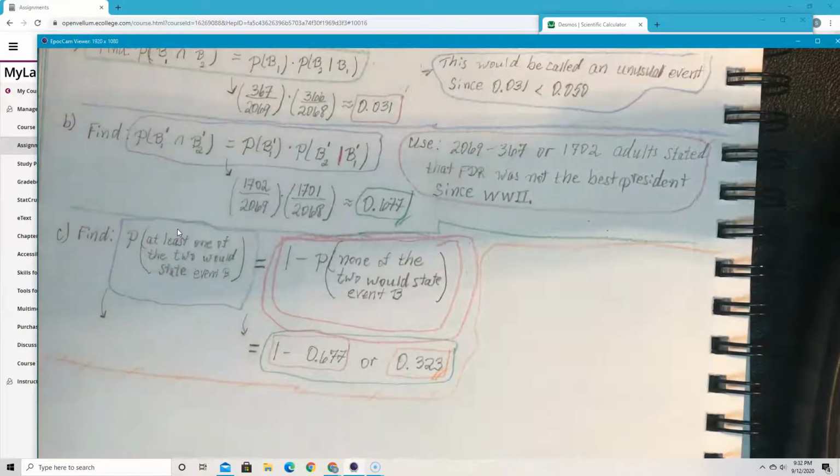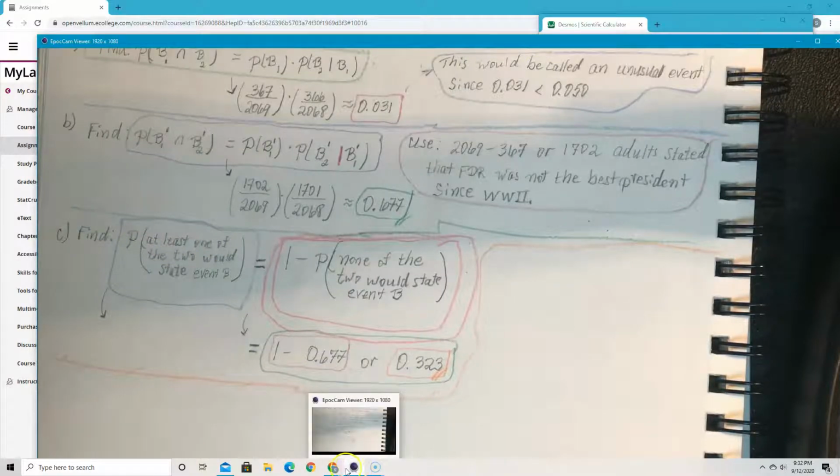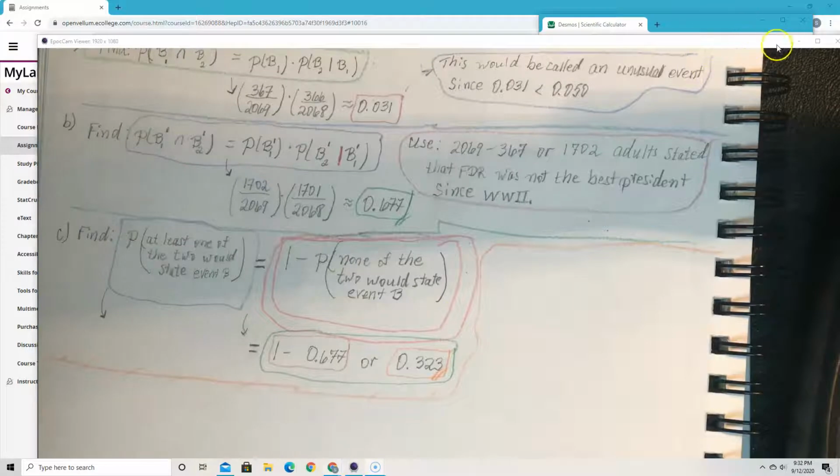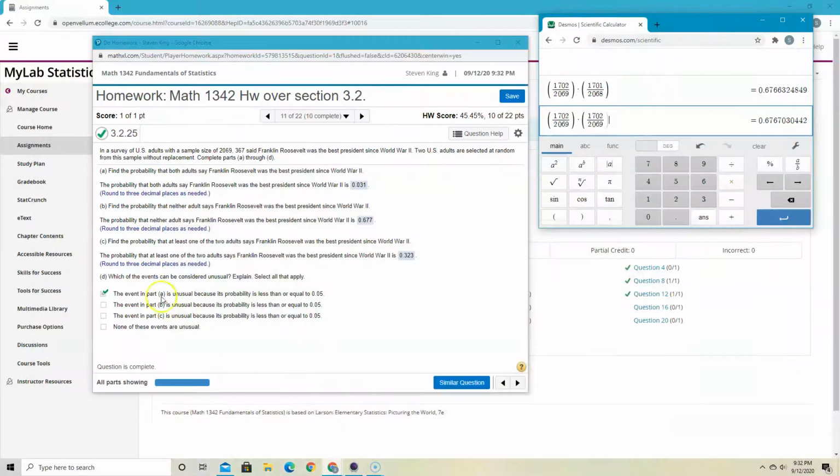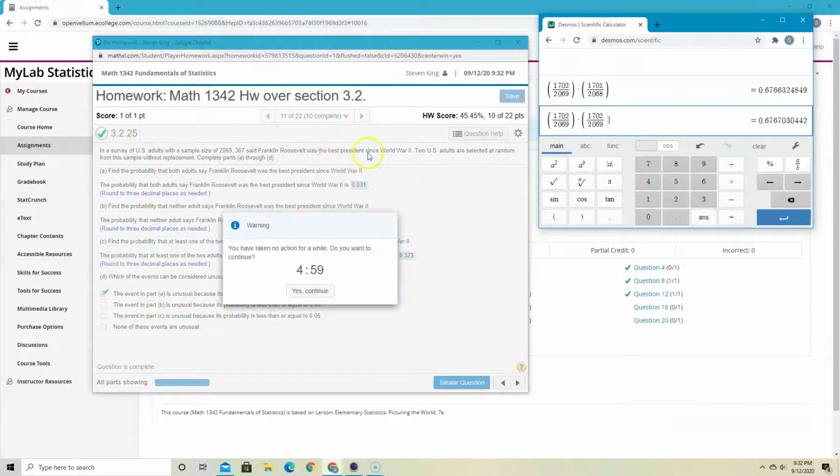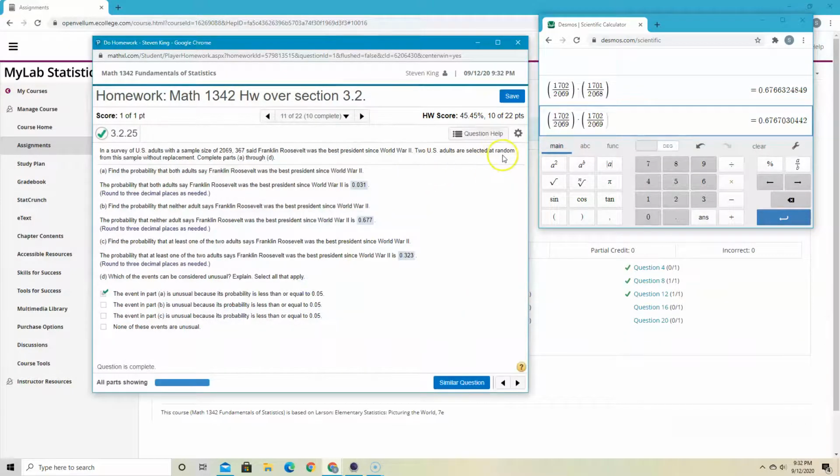So, I hope that makes sense. So let's go to the question. Remember this was about picking 2 adults from this survey.